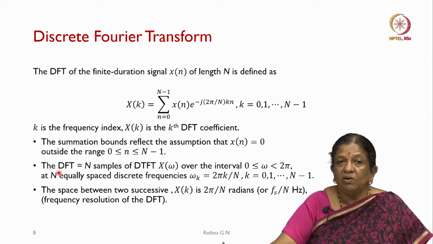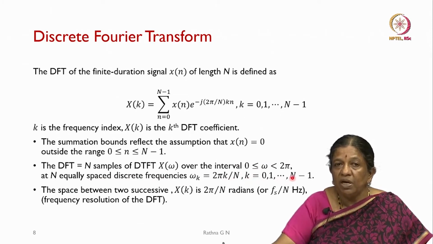So, we call the DFT N samples of the DTFT X of omega over the interval omega between 0 and 2 pi at N equally spaced discrete frequencies, that is omega k equal to 2 pi k by N. Here k is going from 0 to N minus 1, and the space between two successive X of k is nothing but 2 pi by N. We call it the resolution of the DFT.